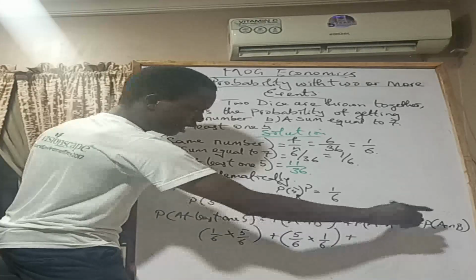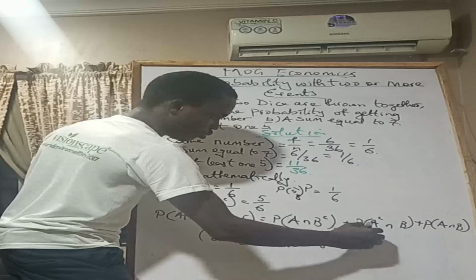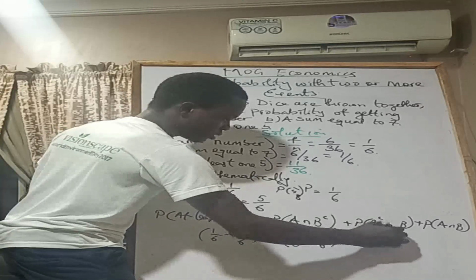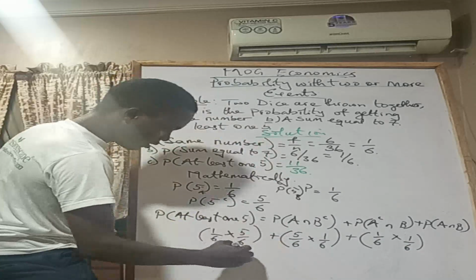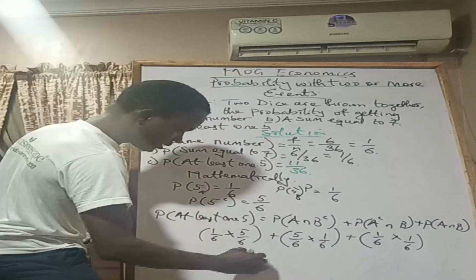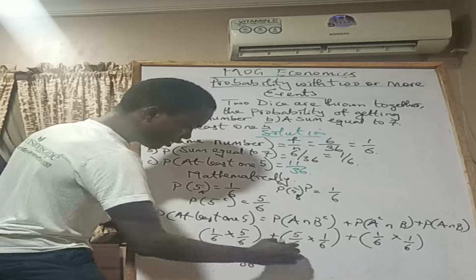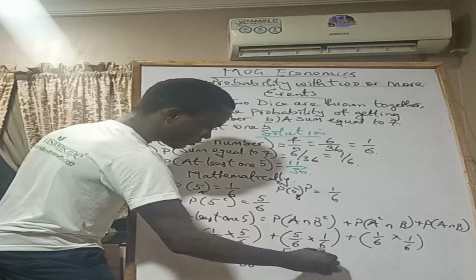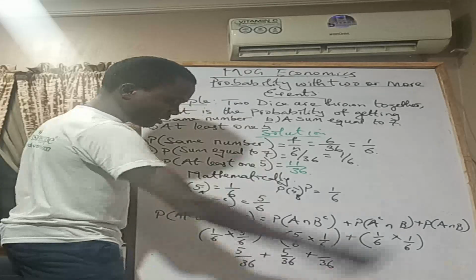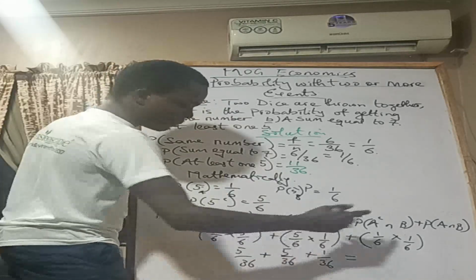Then plus, you're having it on both dice, so 1/6 multiplied by 1/6. So what are we getting? 1 times 5, so you have 5/36 plus the same thing, 5/36 plus 1/36. Because they have the same denominator, just add everything up. 5 plus 5 is 10, 10 plus 1 is 11.